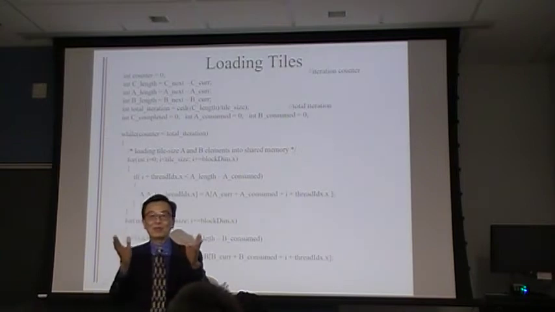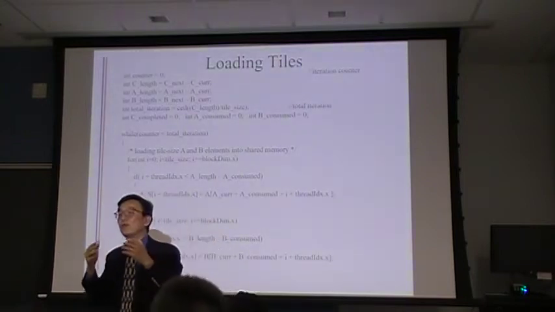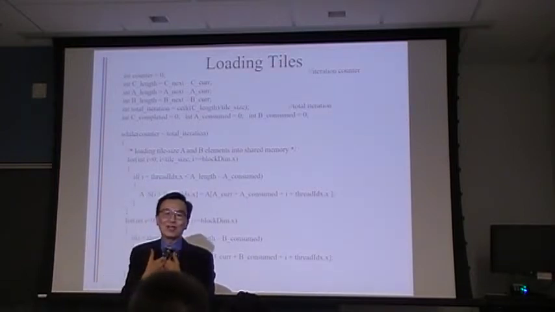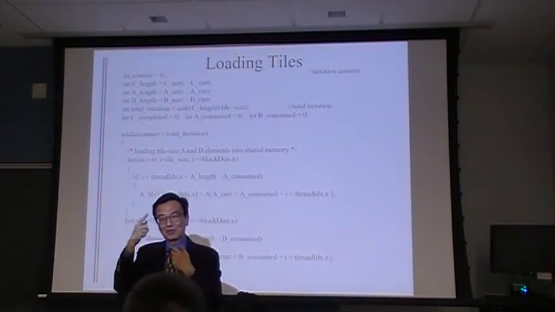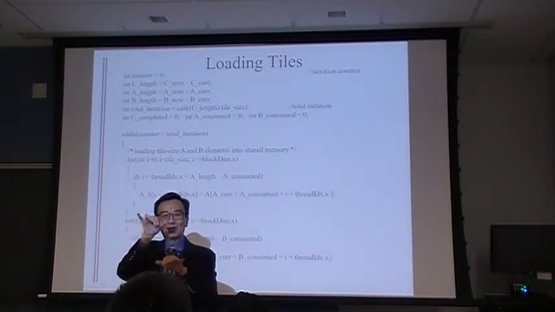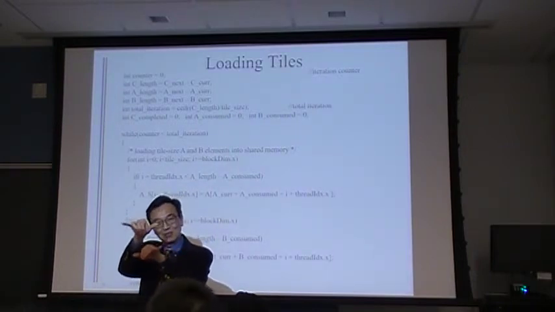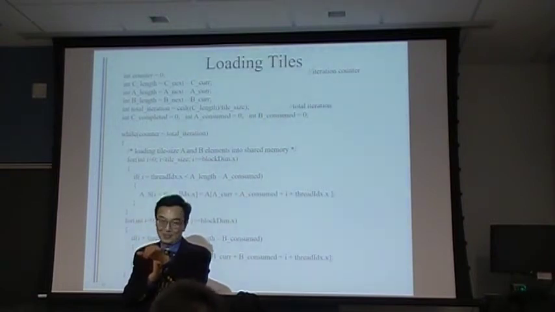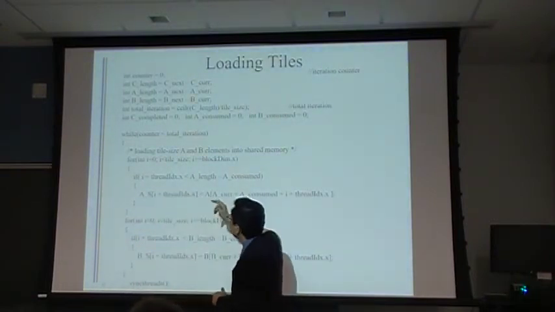Every thread can, let's say, be responsible for 4 elements. Then we need to load 1,024 elements, right? So we iterate 4 times, and then load the 1,024 of A and 1,024 of B, and we would fill 1,024 of C. So that's the first part.